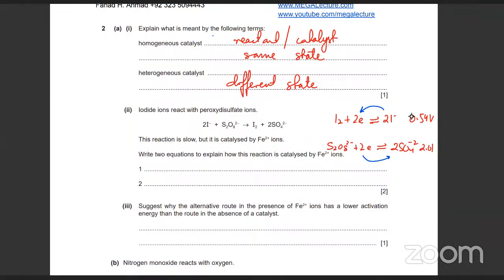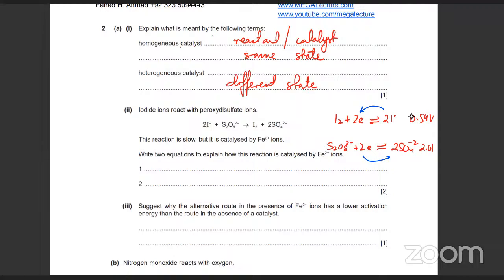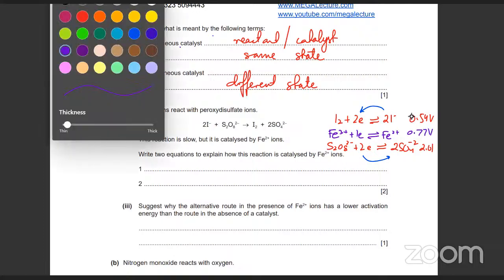Because the two negative ions were always repelling each other, to speed up the reaction, you would add iron ions as catalyst. And these iron ions had an in-between potential. The potential was somewhere in between.